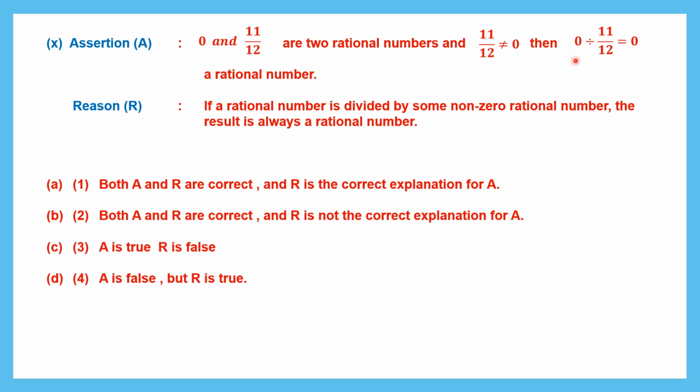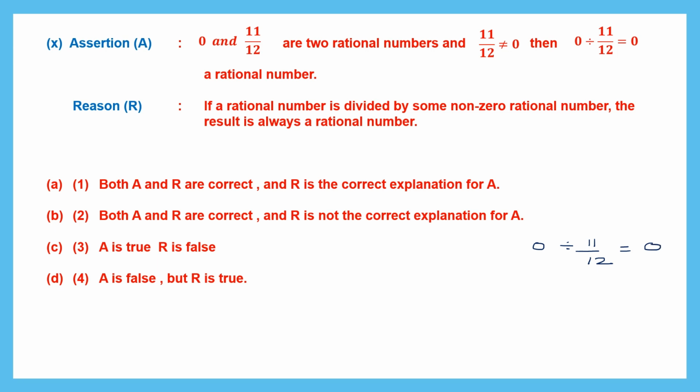Then when you divide 0 by a non-zero rational number, your answer will always be 0, which is a rational number. Now this is true, isn't it? When you divide 0 by any non-zero rational number, in this case 11 by 12, your answer will be 0.